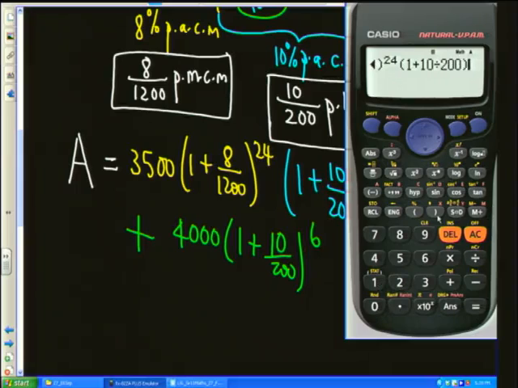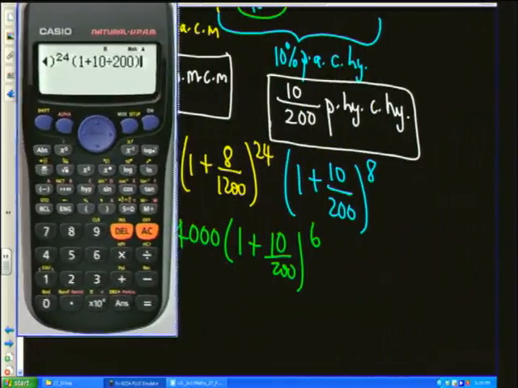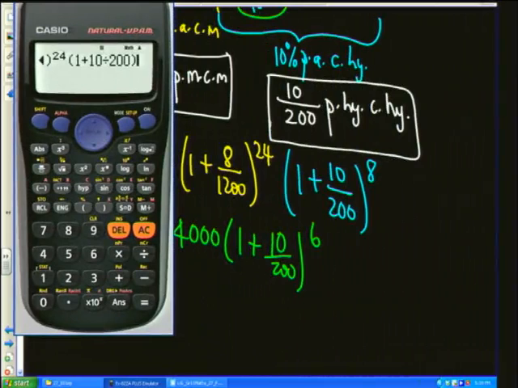And that's all to the power of 8. And then I'm going to add on my 4,000 and multiply it by 1 plus 10 divided by 200, which is to the power of 6. Power of 6, not coefficient of 6, eh? And I can now give an answer.